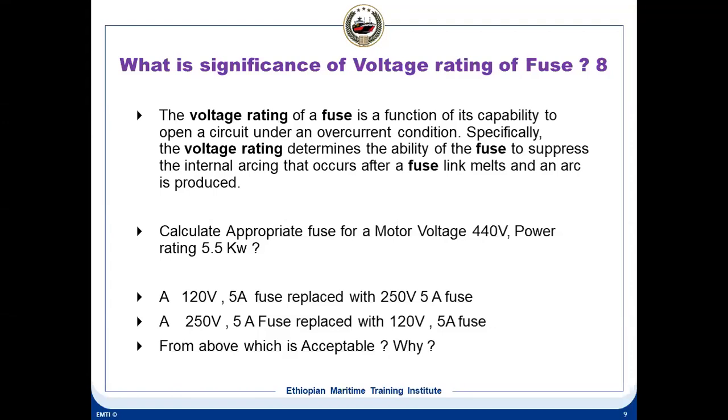Okay, so the calculation is the same. Power is equal to voltage into current, or power is equal to V square by R. Power is equal to voltage into current in the case of DC circuits. In the case of AC three-phase circuits, you need to multiply by root 3 and the power factor.